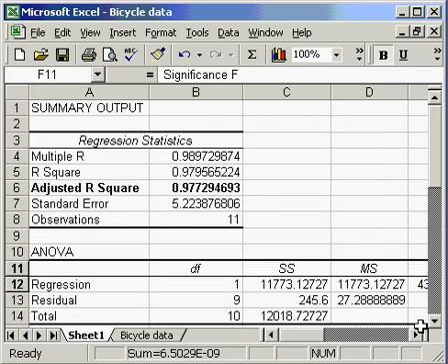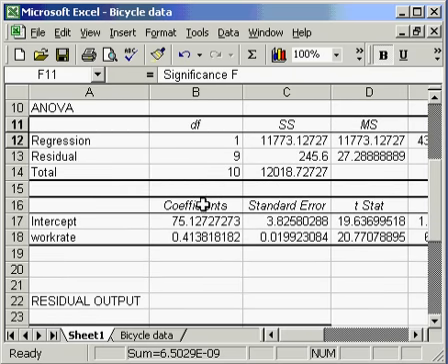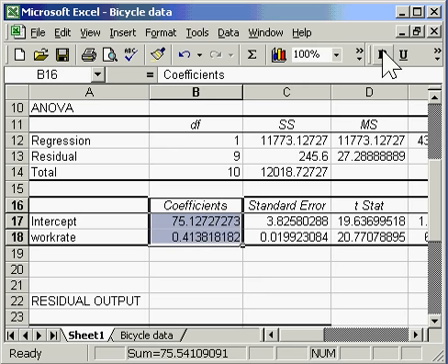One other thing that we have in the graph on the chart here are coefficients. So we can express a relationship between heart rate and work rate by an intercept. So the resting heart rate, the place where we had no work rate at all, was 75 beats per minute, and the work rate then was 0.4138.